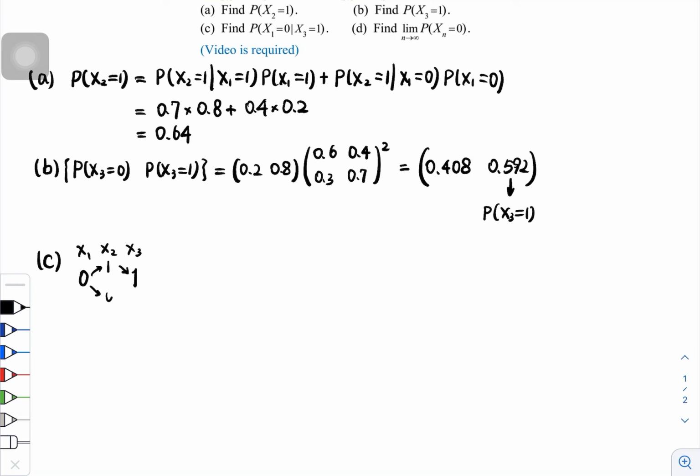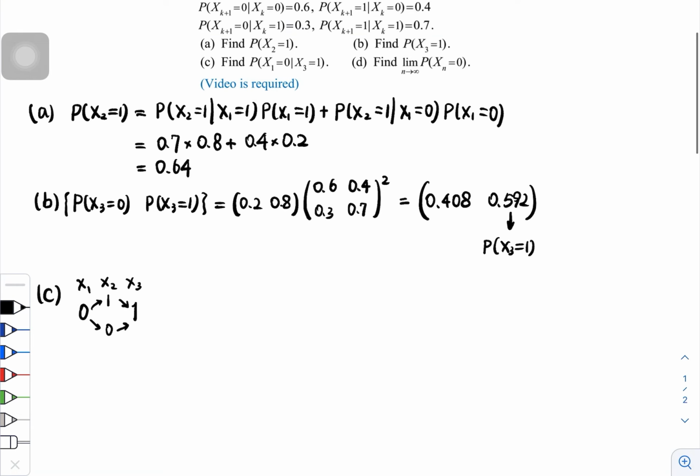This or this. So x1 equals 0 and x3 equals 1. This probability is this and this.